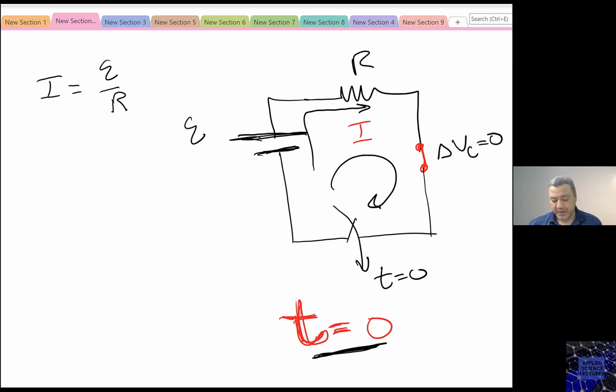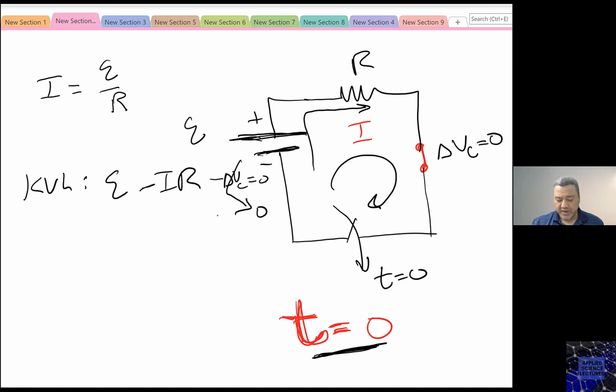Because if I take the KVL here, then I can say KVL: epsilon, it would be positive, minus IR, right? Minus VC, if we're going to call it minus VC, equals to delta VC equals to zero.